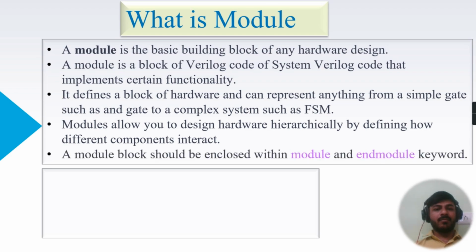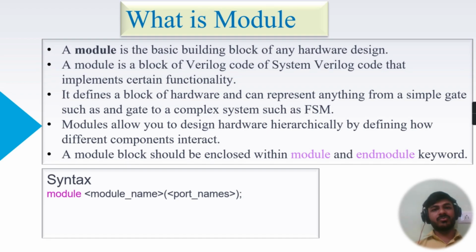A module block should be enclosed within the module and endmodule keywords. If we talk about the syntax, it will be module and then the module name. If you want to implement an AND gate, the module name will be AND gate, and beside that we have the port names. We know that any type of gate, such as AND gate, XOR gate, or NOR gate, will have two inputs and one output.